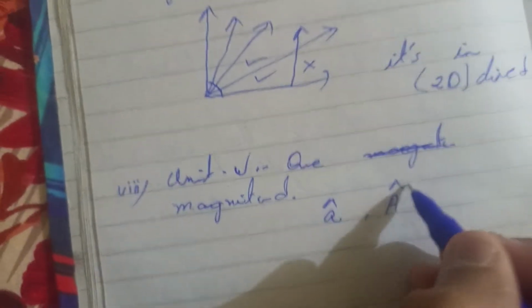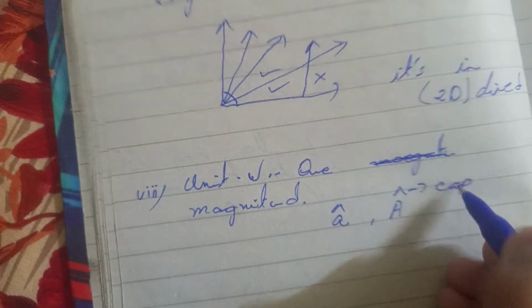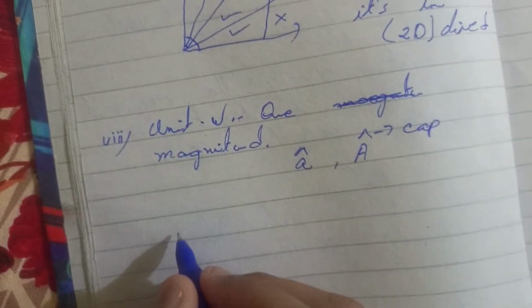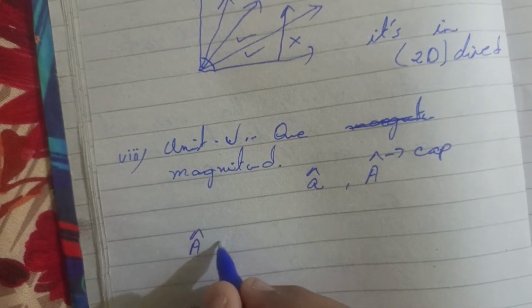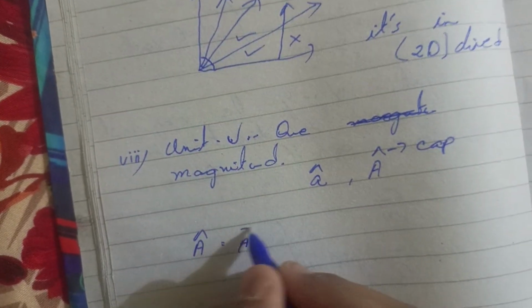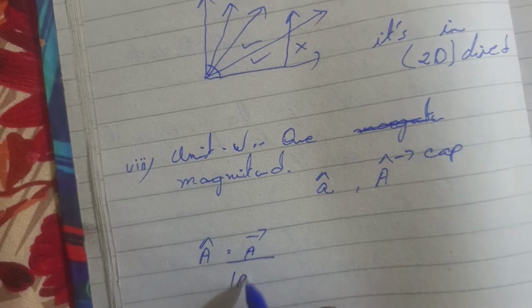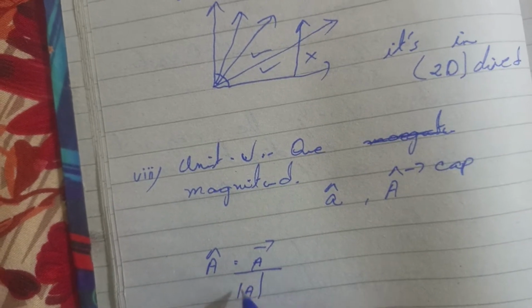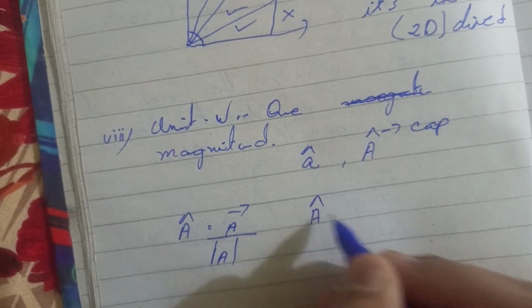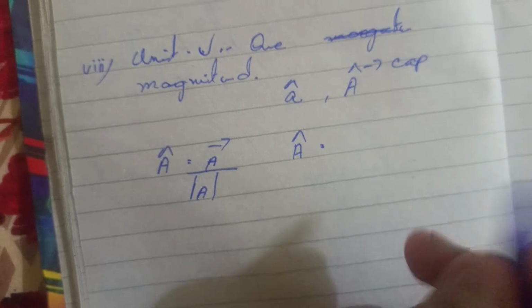It doesn't matter whether it is a small letter or a capital letter, it should have the cap on it. The formula to find the unit vector is a cap equal to the original vector divided by the magnitude of that vector. I'll give you the example at the end.